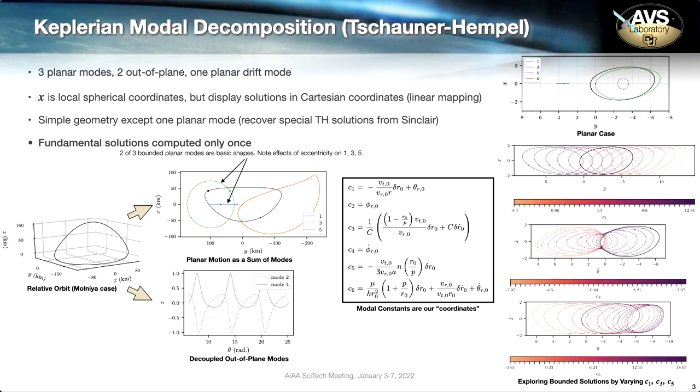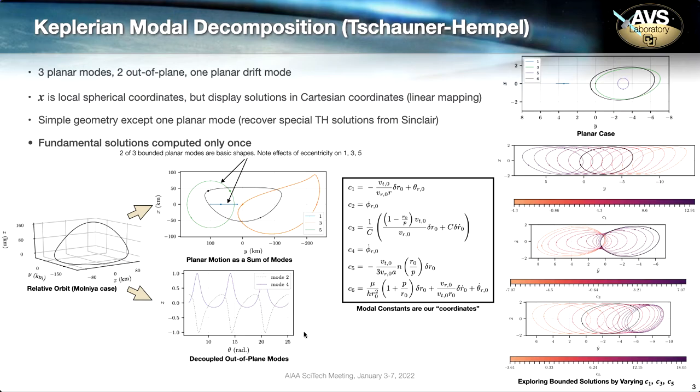Analytically applying this methodology to the Keplerian relative motion problem of general eccentricity, we get this result that the relative motion can be decoupled into three planar modes, two decoupled 1D out-of-plane modes, and one planar drift mode, which is not shown here.